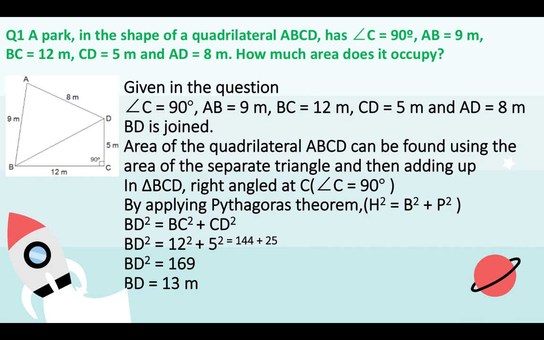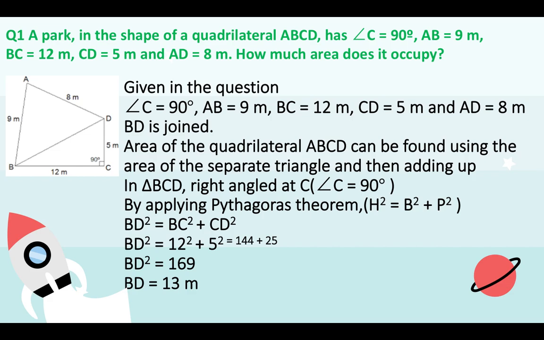So let's start. Now I have joined B and D. So BD is the diagonal of this quadrilateral, which divides the quadrilateral into two triangular areas. So if I calculate the area of both the triangles and add them, I will get the area of the required quadrilateral.